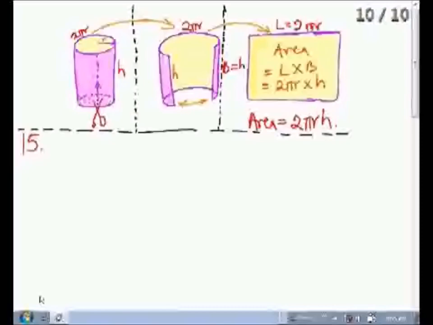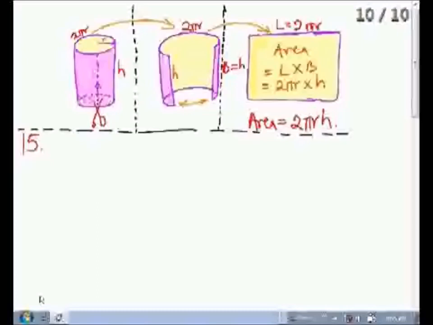And then it is opened up, you can see the picture here, and stretched flat into what is now this yellow rectangle here. If you follow this illustration, it is clear that this circular end of this cylinder, whose length is this 2 pi r, is now what constitutes the length L of this rectangle.